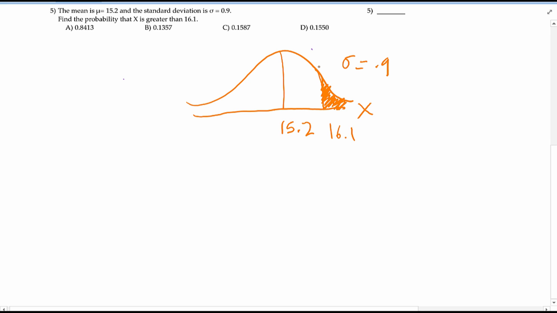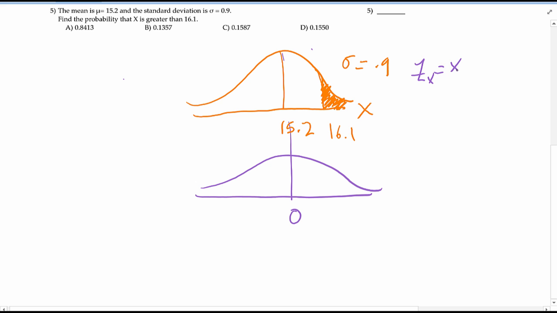Okay, again, the way that we do that is we do a standardization of this problem. The 15.2 will go to 0, and remember that the z-score of x is x minus the mean divided by the standard deviation. So the z-score of 16.1, how far is 16.1 from the mean in terms of the standard deviation?